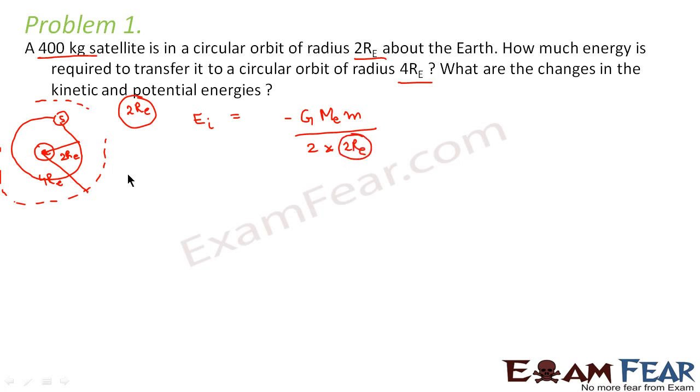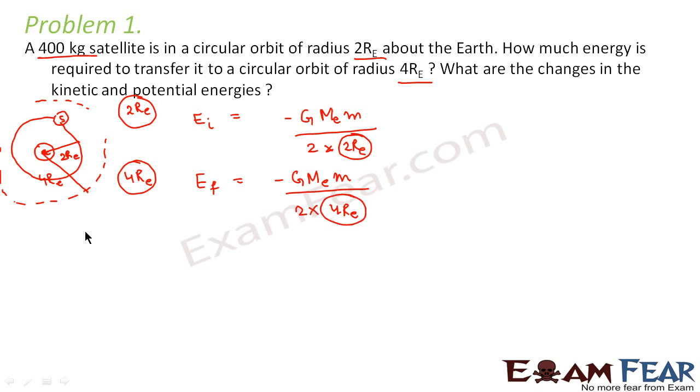In the final scenario, it is moving in an orbit of radius 4 RE. So final total energy would be minus G ME into M divided by 2 into 4 RE, because here the radius itself is 4 RE.